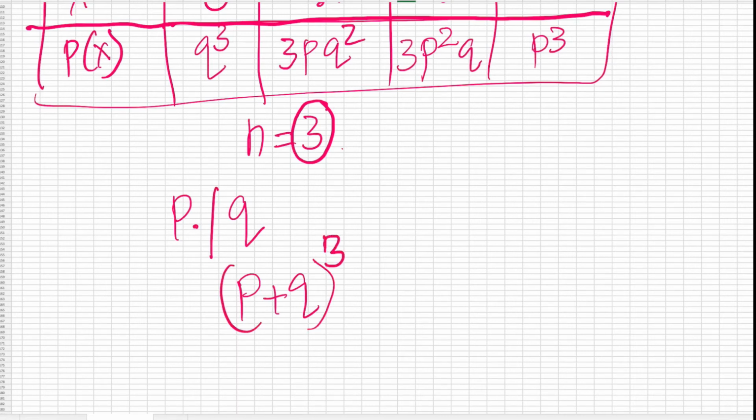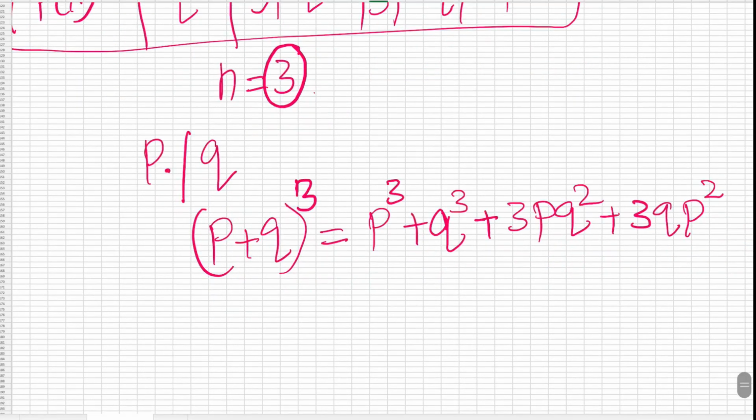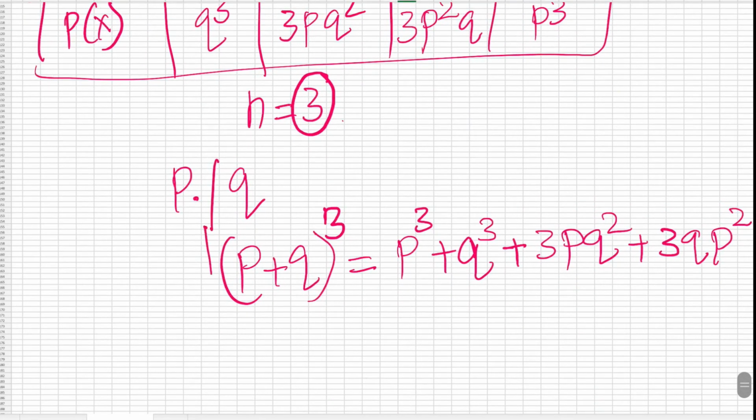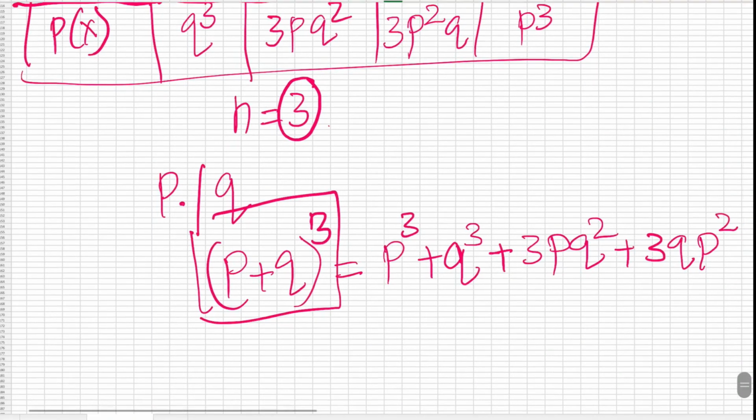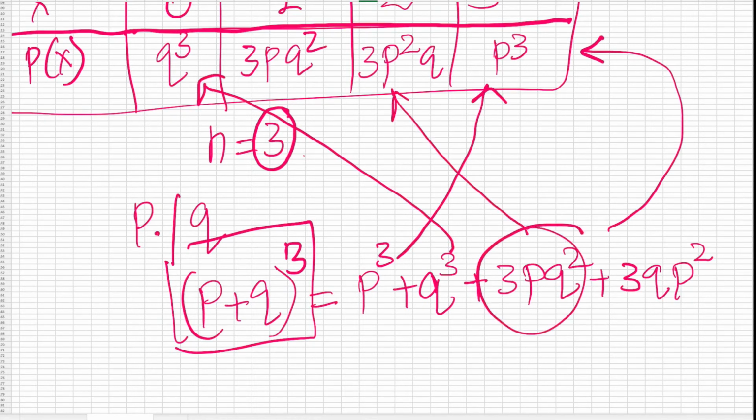If we open this equation, we find P raised to the power 3 plus Q raised to the power 3 plus 3PQ square plus 3QP square. This would be the formula, and the same we are getting here: P cubed, Q cubed, 3P square Q, 3PQ square.